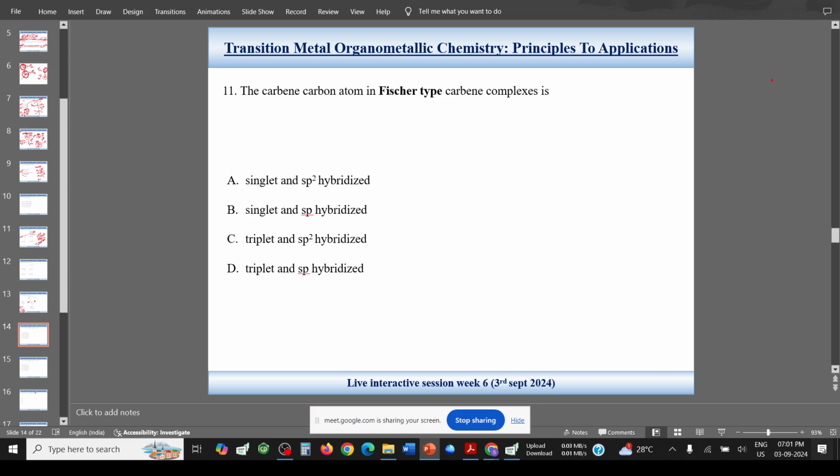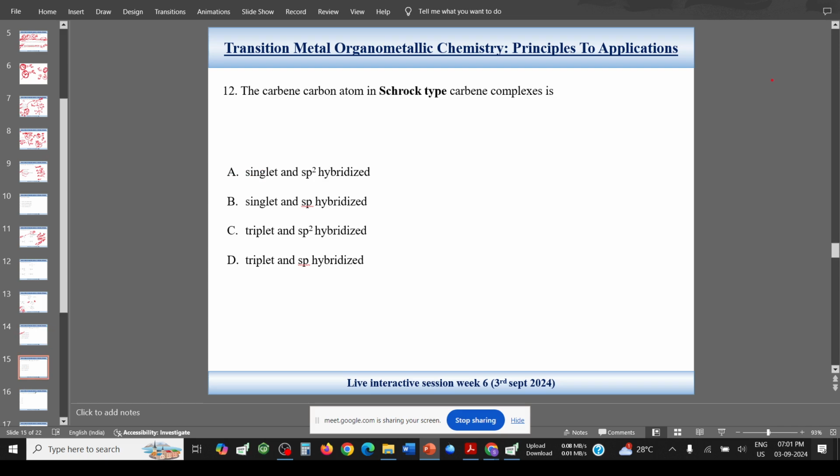Okay, very good. So the Fischer type carbene is a singlet carbene and it is sp2 hybridized. Okay. The next is for the Schrock type carbene.